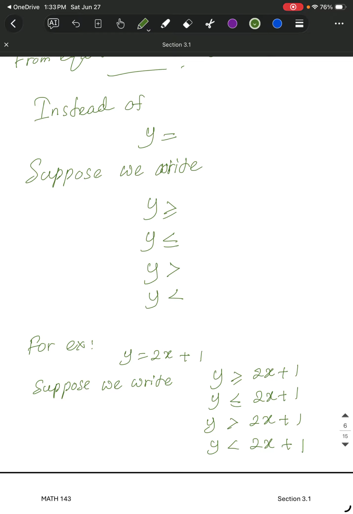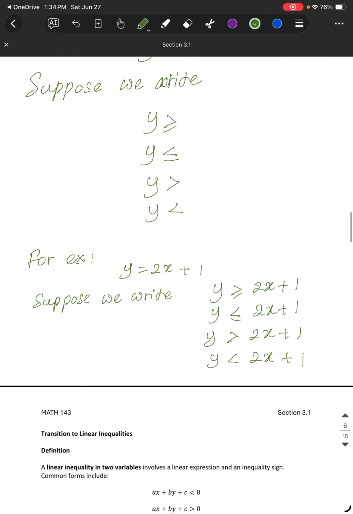The inequality sign changes everything: instead of one line, the solution becomes an entire region of the plane.